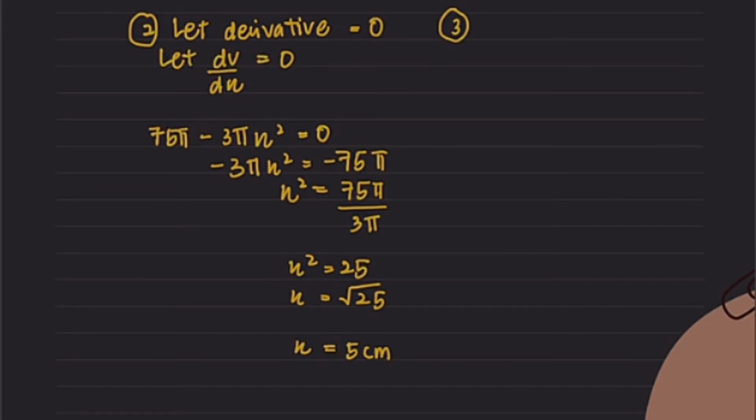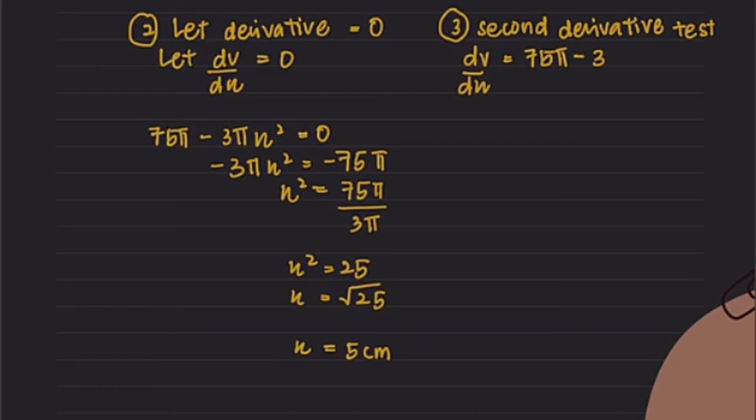So for the last and third step, you need to test it by using the second derivative. So dv/dx is equal to 75π minus 3πx². So you need to find the second derivative, and you will get negative 6πx.